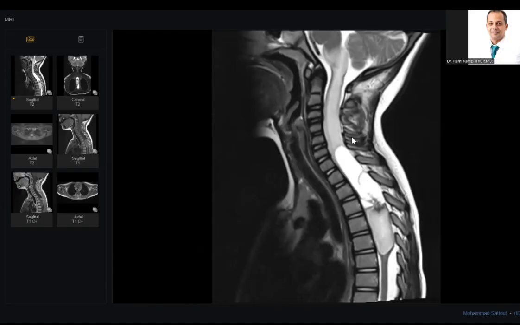Doctor, this cyst, either it is intramedullary or extramedullary, we don't really know because it is very large, but it causes severe compression on the cord. This compression results in this severe edema. This is what happened.